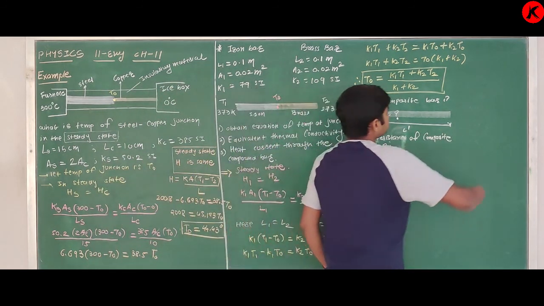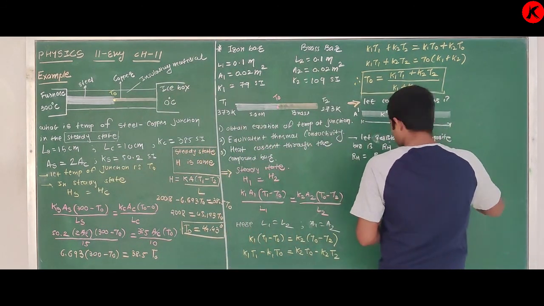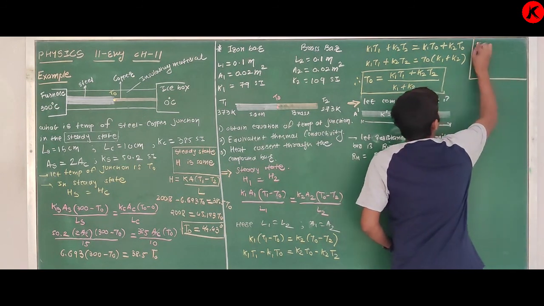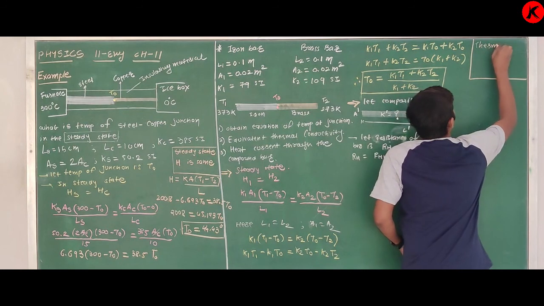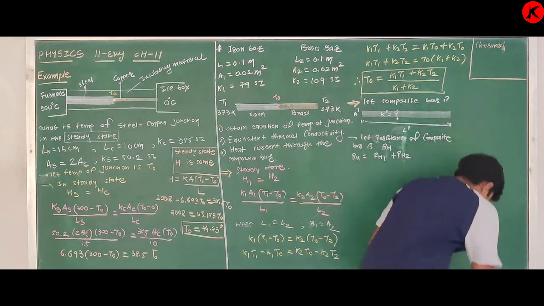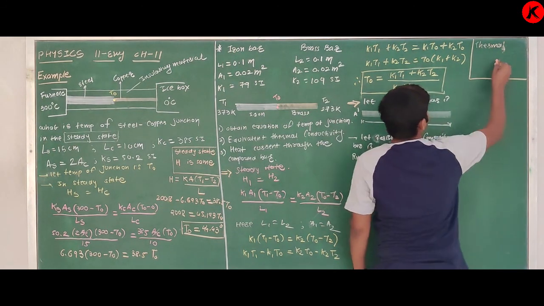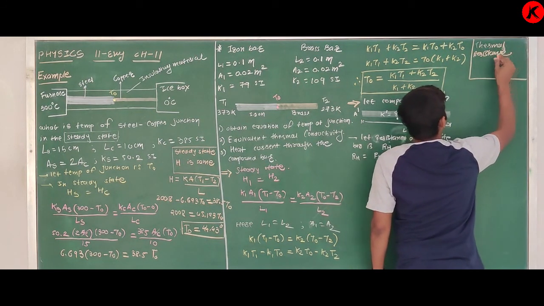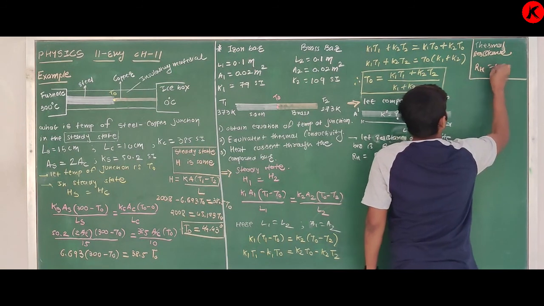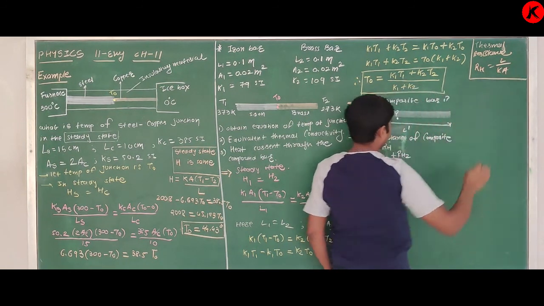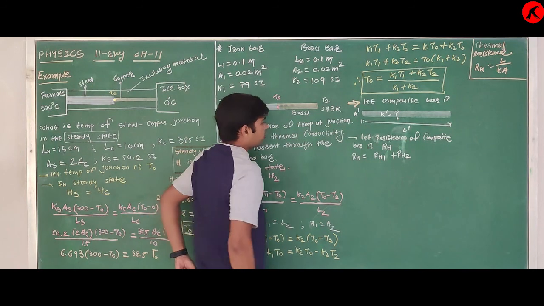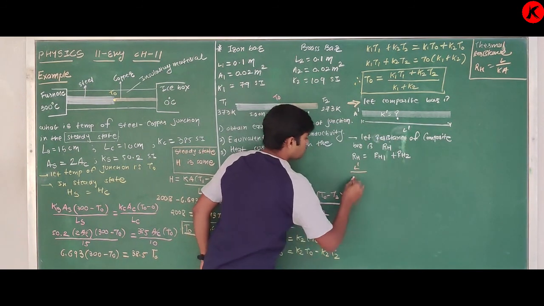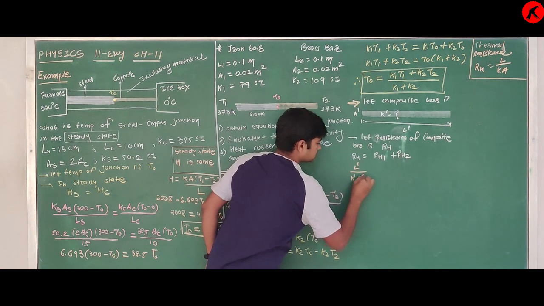Here I will write it in brackets, thermal resistance, its equation is RH is equal to L upon KA. So for the composite bar we can write it is L dash upon K dash A dash.